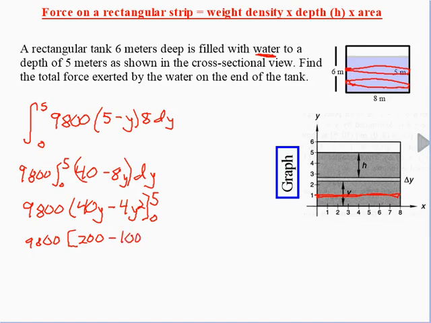We could say subtracting the zeros, put in 0 in there is 0. So we have 9800 times 100 is 98,000. And we're talking about a force here, so we have 98,000 newtons. I'm sorry, not 98,000. This was times 100, not 10, so this is 980,000.